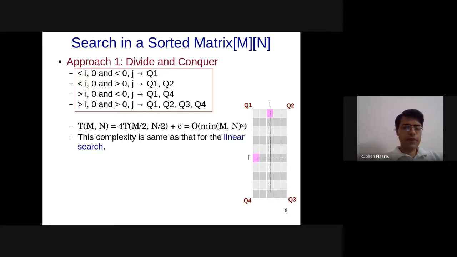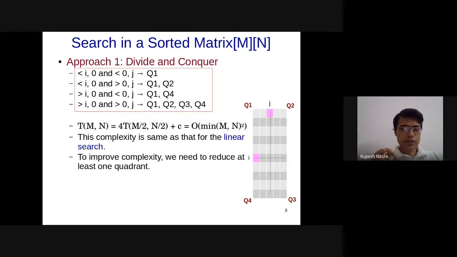So if we have to take advantage of the fact that this is sorted, somewhere we have to ensure that we reduce at least 1 quadrant at a time, if we have to go in this divide and conquer manner. So let's see if we can do that. That's what we are going to discuss today.